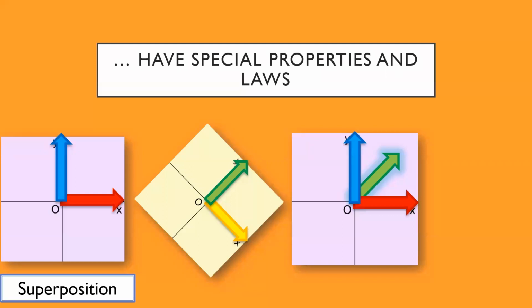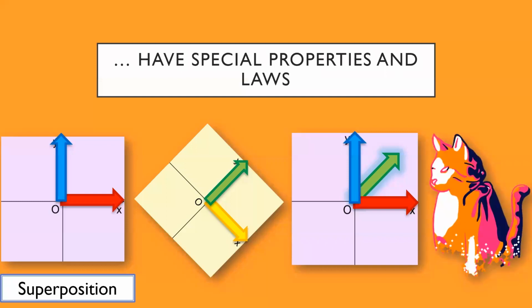And when it collapses, for example, on the horizontal side, I can't really distinguish between a real horizontal arrow and a diagonal that has collapsed on that side. So this is the true effect of quantum superposition. This is also something that you may have heard of as Schrödinger's cat, which is at the same time alive and dead or sleeping.